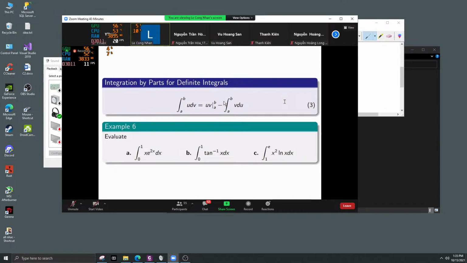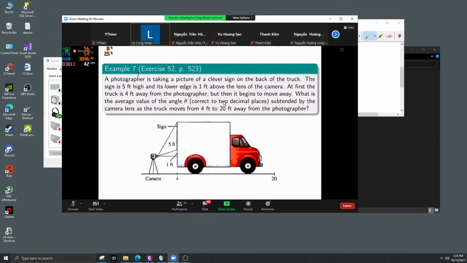Integration by parts. Parts A and C, you can solve at home by yourself. Now I move to example 7 that talks about the applied problem.